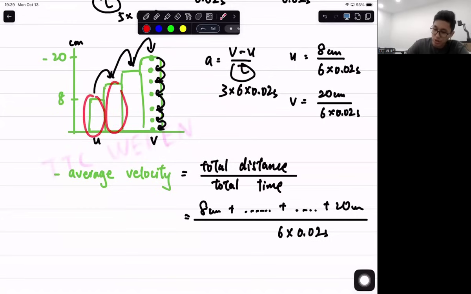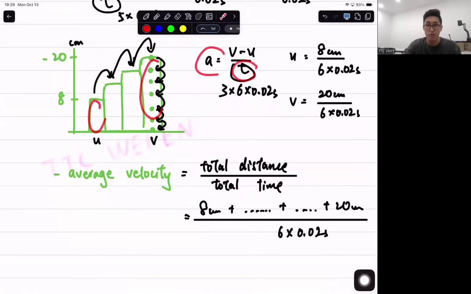Then, how many strips here? Total got 4 strips. Not the jumping, total, everything. This one is jumping because I want to know from U to V, how many jumps. Now I want total. Total got 4 strips, so times 4. Okay, so that's how you find the average velocity.